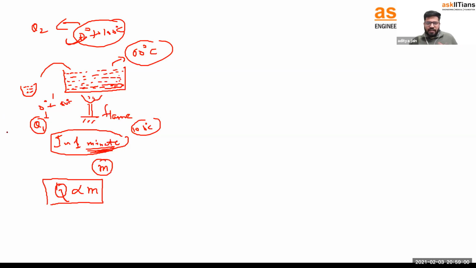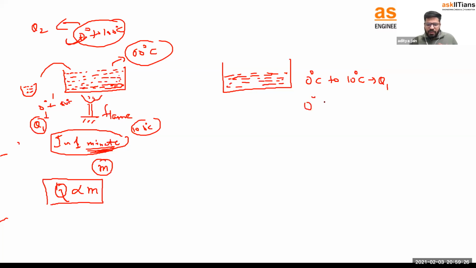Now take the second case. Suppose I am taking a constant mass of water, say this half beaker of water. In the first case, I am increasing the temperature of water from 0 degrees centigrade to 10 degrees Celsius. Suppose the heat required is Q1. Now for the same amount of water, this half beaker, to increase its temperature by 20 degrees Celsius, the heat required was Q2.